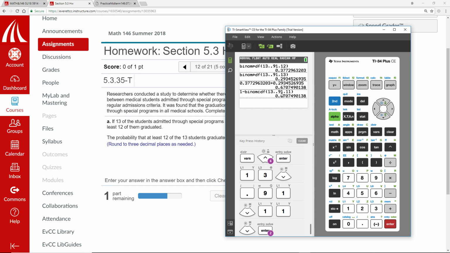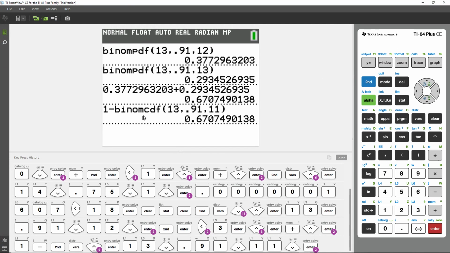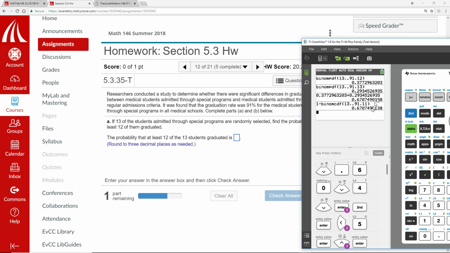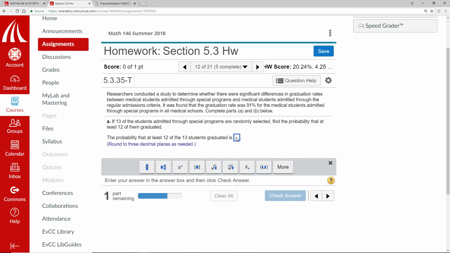So binomial CDF can handle at most and at least. You just subtract it from 1 to get the other side, or at most, if it was at most 11, all the way down. The same thing, let's report our answer. We want 3 decimal places, so that's going to be 0.671.